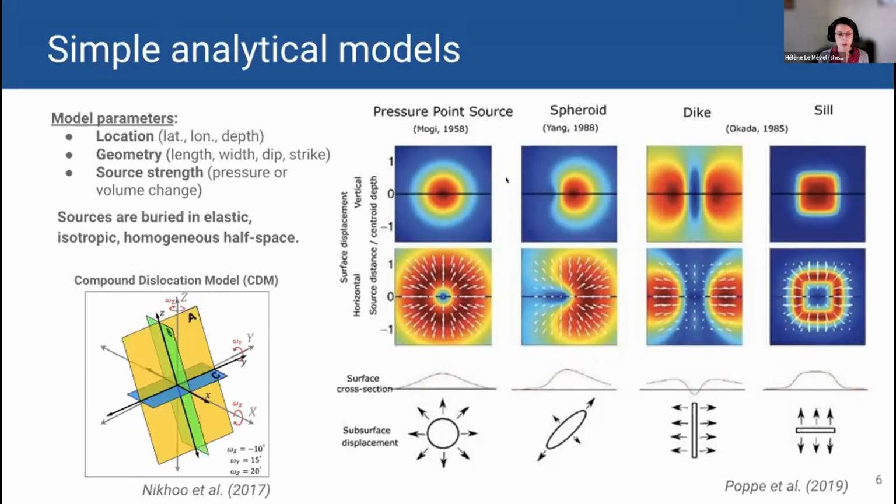The first row is the vertical displacement, the second row is horizontal displacement. So we are able to distinguish between those simple geometries based on the observed surface displacement. Something to note is that there's always a trade-off between the estimated depth and the strength of the source. So we can only try to mitigate this trade-off using other information.